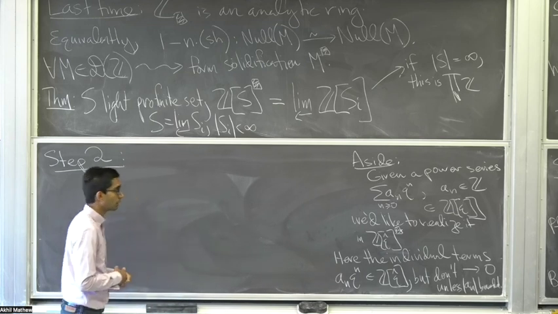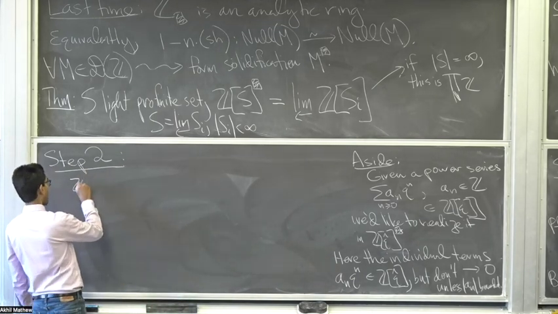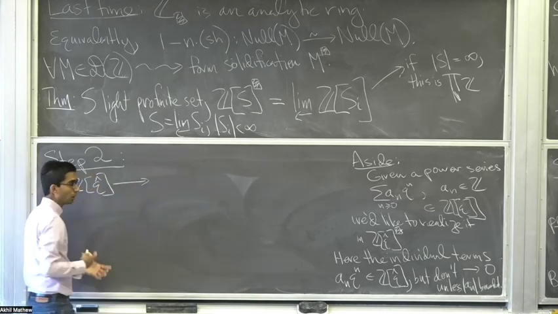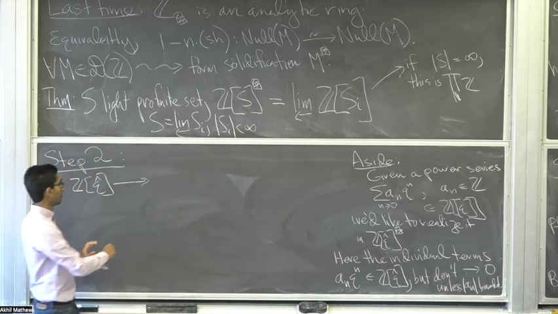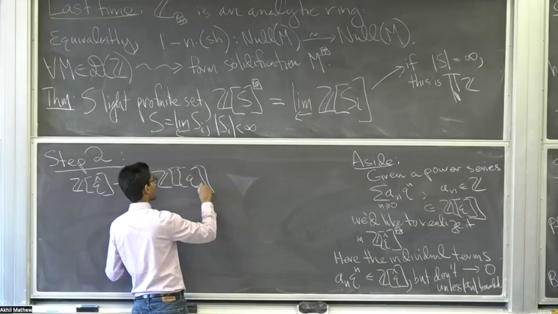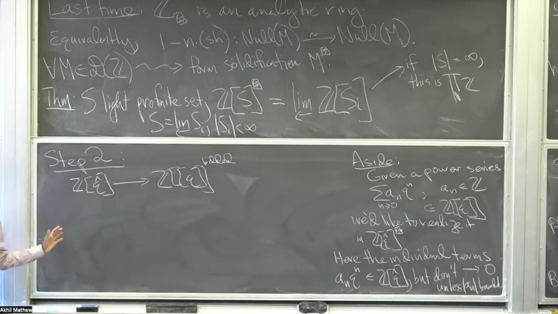Okay, so step 2 is going to be to show that the map from Z brackets q hat to not all of Z double brackets q, but Z double brackets q bounded, induces an isomorphism on solidification.